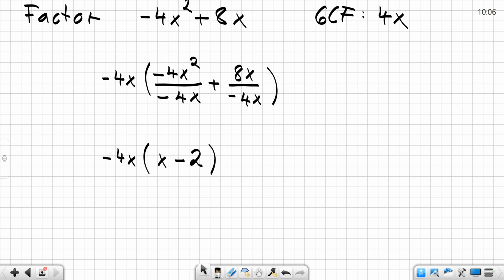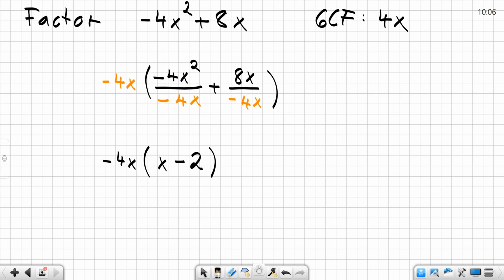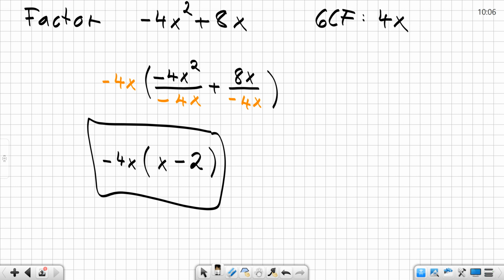If I write down what I am pulling out in such a way, then I can never get the signs wrong of the things that are being left on the inside. Look, I can test whether I did this right. If I multiply this out, it will have to be back a negative 4x squared plus 8x. And it is.